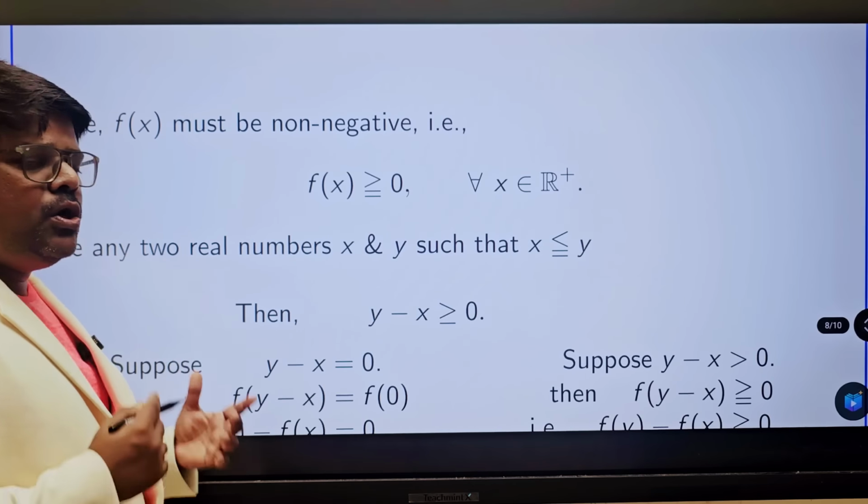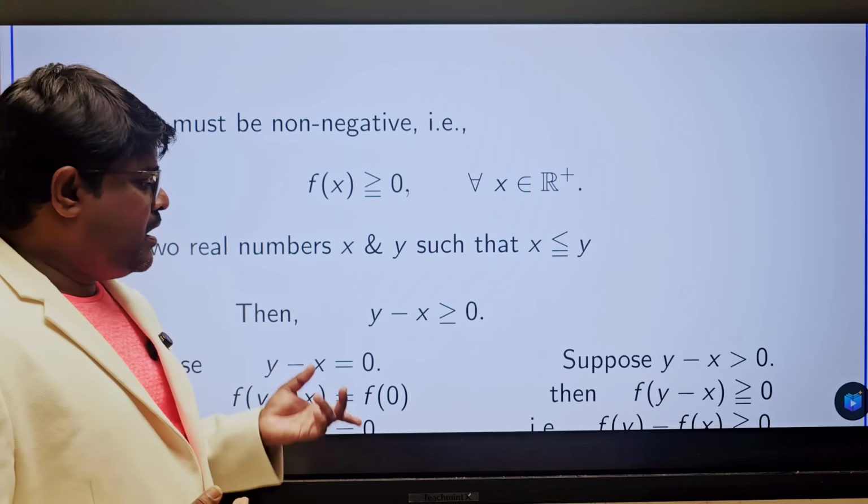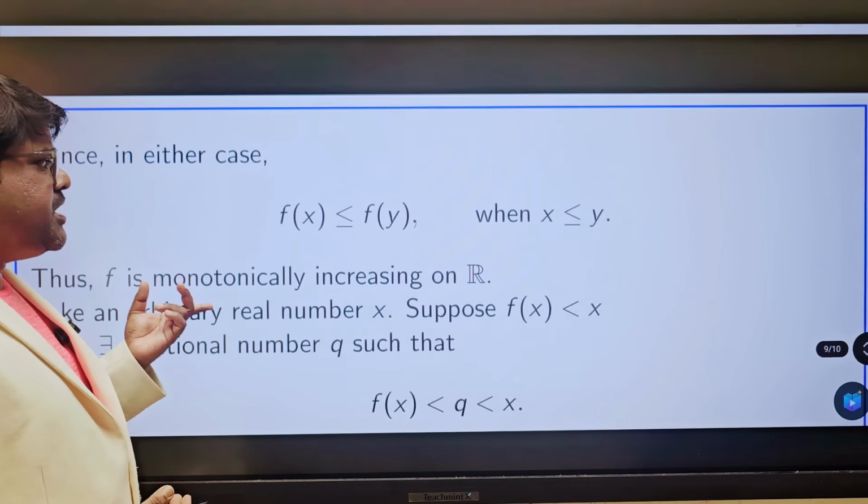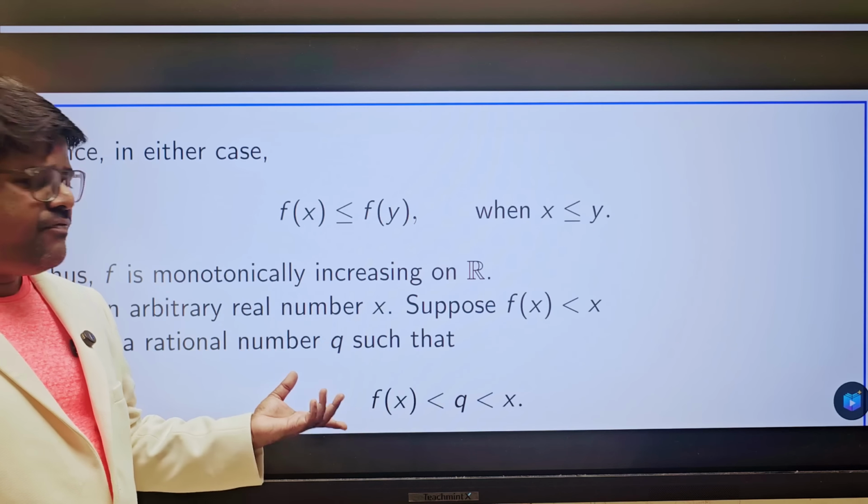After that, we took two real numbers x and y. Then we came to know that the function is a monotonically increasing function.